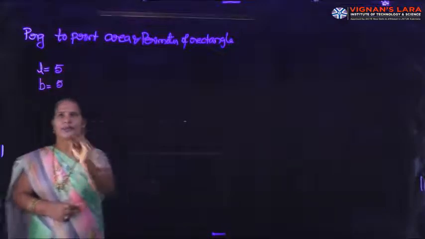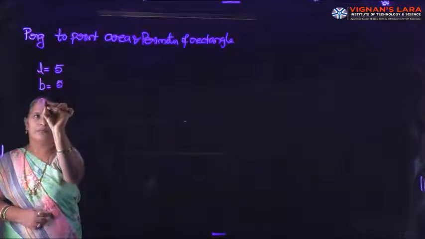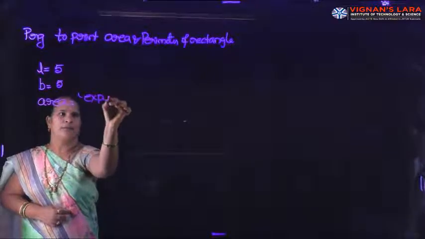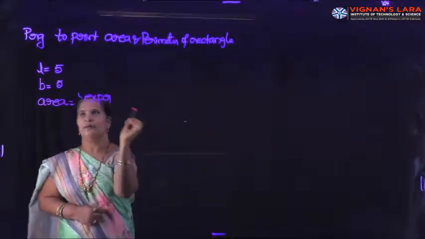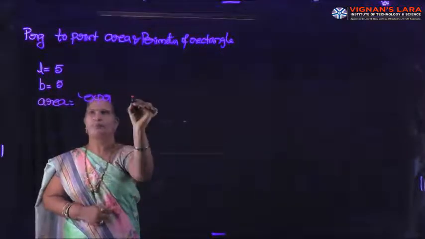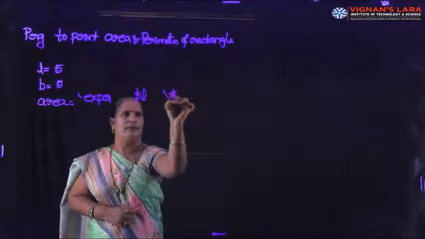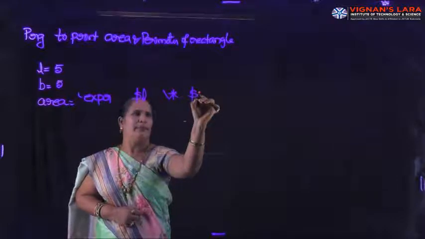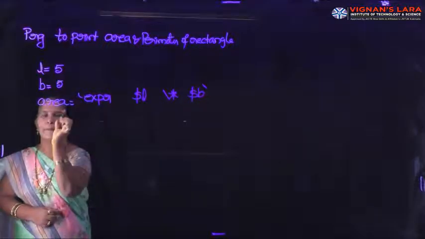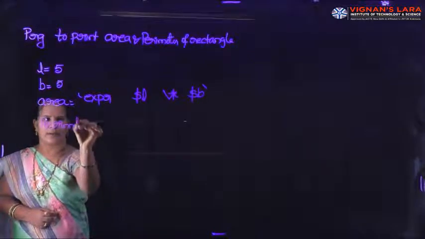So area of rectangle is equal to length into breadth. Area is equal to expr, length into breadth. Length is stored in variable L, breadth is stored in variable B. So $L \* $B. Similarly, for perimeter of rectangle, I am taking perimeter as a variable.